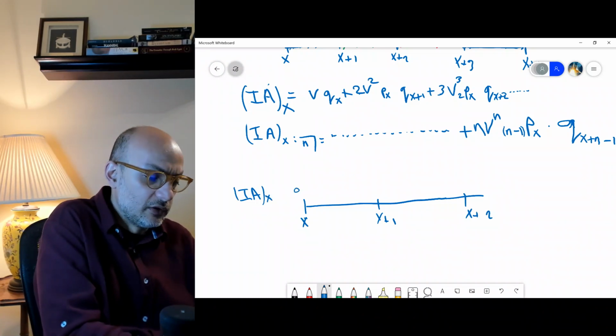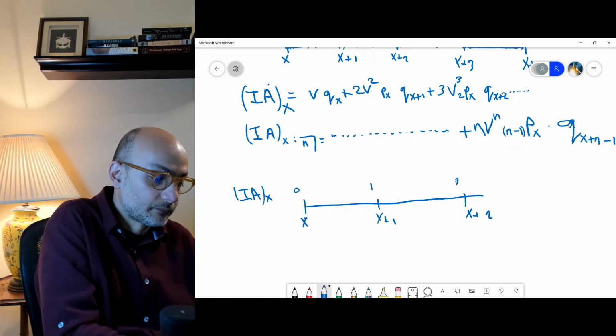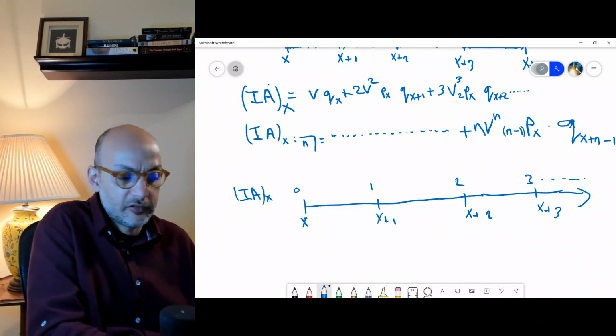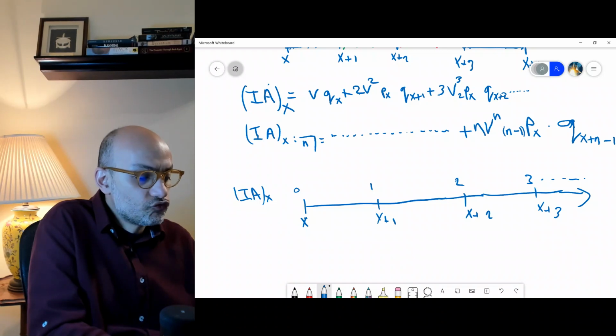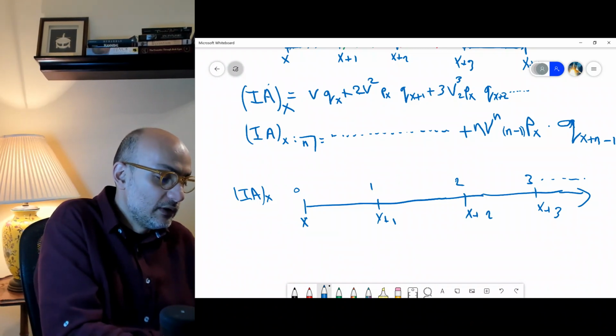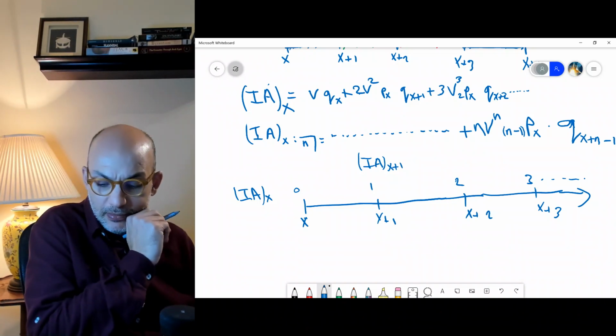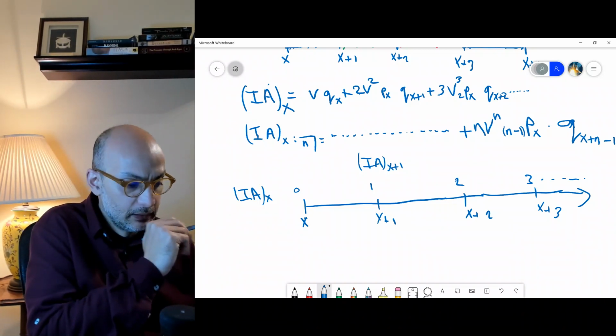It will give you 0 here, of course, but it will give you 1, 2, 3, and so on, like 4, 5, 6, 7. Now imagine you are at IA at x plus 1. It will give you 0.